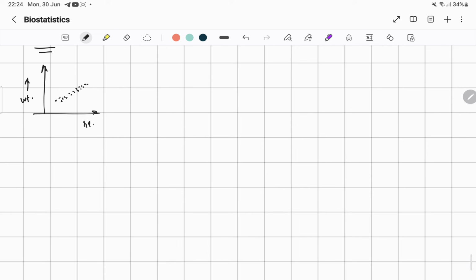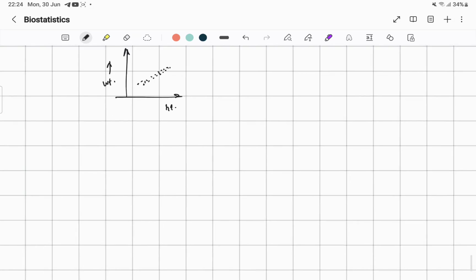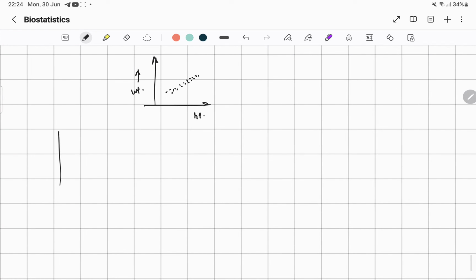In a scatter plot you can have linear or non-linear, and you must remember the coefficient, that is the Pearson-Spearman coefficient. If the plot is like this, the Pearson coefficient is +1.